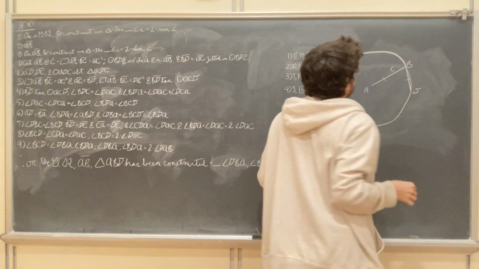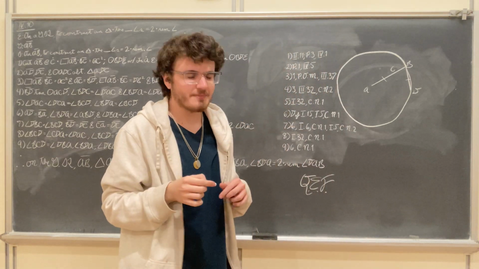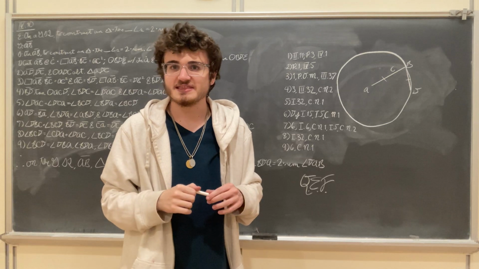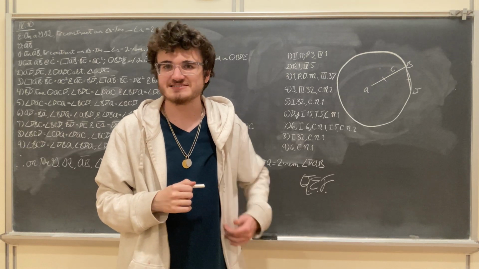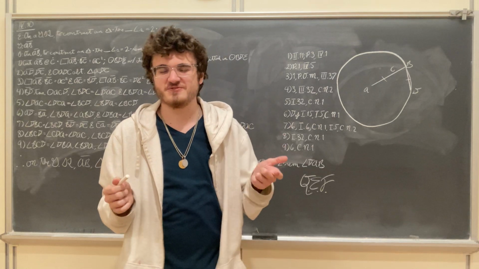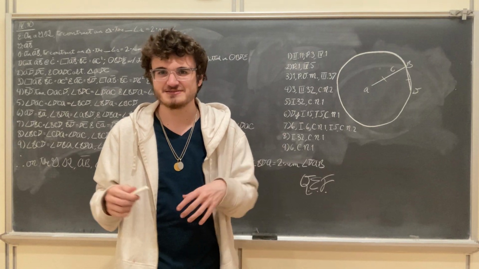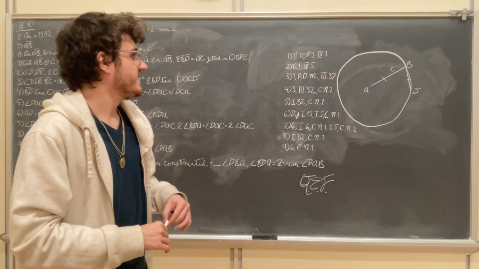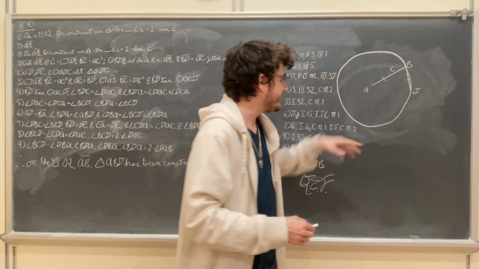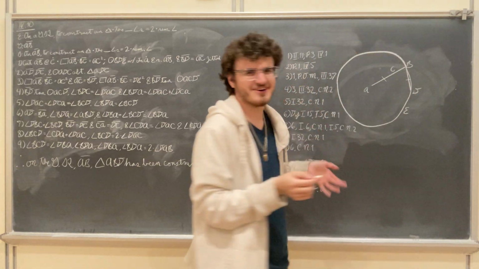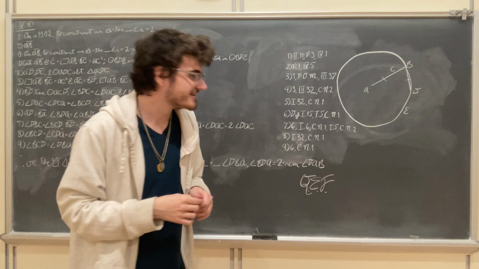Now we can do this by proposition 4.1, to fit a straight line within a circle that is not greater than its diameter, because obviously the straight line you fit into a circle can't exceed the diameter. The diameter is the longest chord possible. Okay. So we're going to fit BD within the circle BDE such that it is equal to AC, and E is just some other point down here. It's not even close to important.